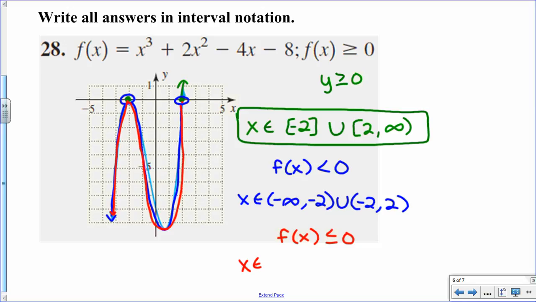I have negative infinity. That part's included, so I don't have to stop there. I have negative infinity just to 2. Since that's included, there's not a hole, I don't have to stop. Questions about that?